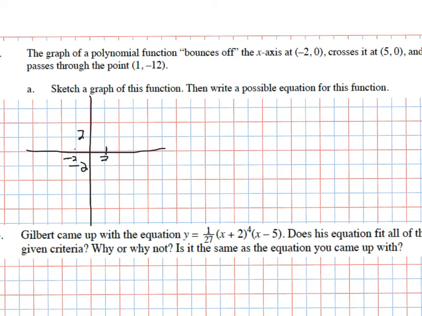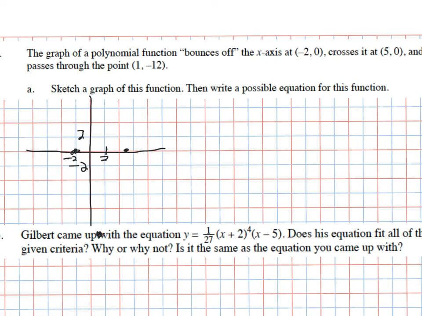So it bounces off at negative 2, 0. It's going to cross at 5, 0. And it passes through the point 1, negative 12: 2, 4, 6, 8, 10. And that's going to take me a little bit off of my graph paper.